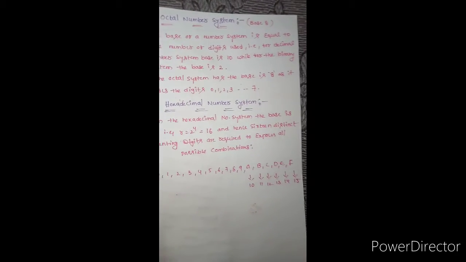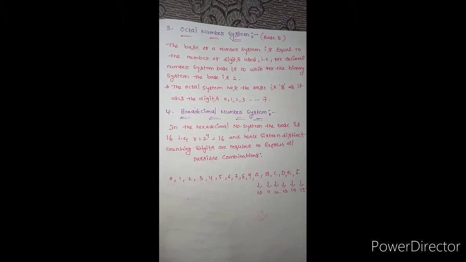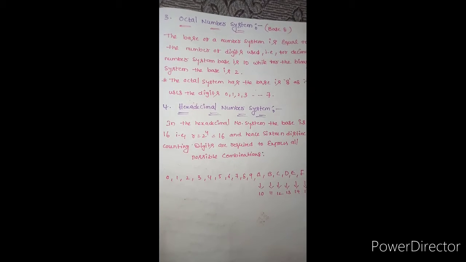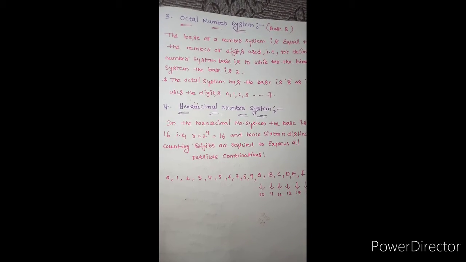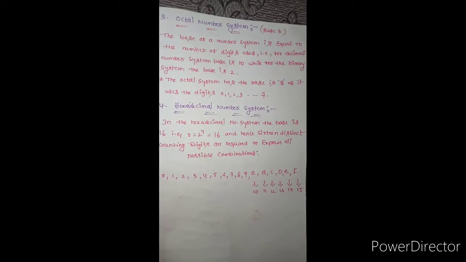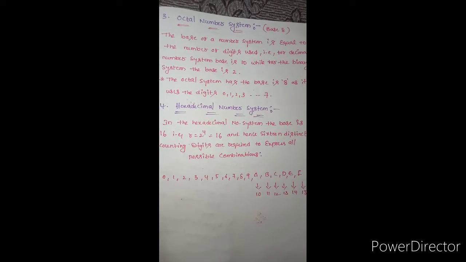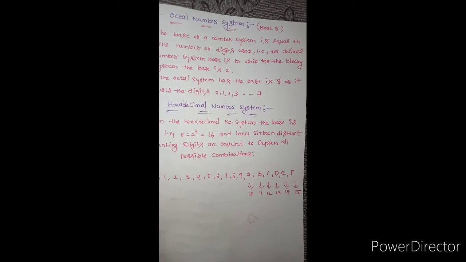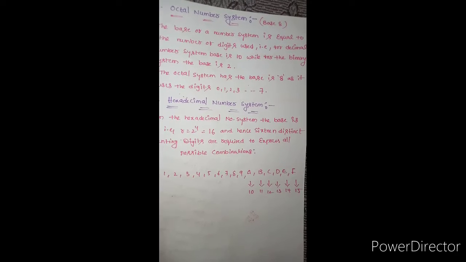Coming to the hexadecimal number system, the base is 16, that is, the radix is 2 power 4, which is 16. So here 16 is the base. 16 distinct counting digits are required to express all possible combinations. In addition to the numbers 0 to 9, the first letters of the alphabet have been accepted as additional digits.